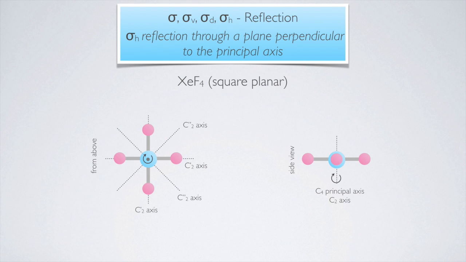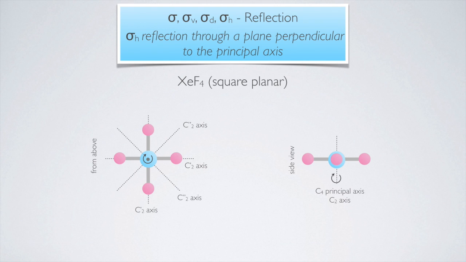Looking down from above, we can see that there is a principal C4 axis there, and C2 axes along the xenon fluorine bonds, and also between them, as you can go down the C2 axis there, and that rotation will rotate two of the fluorines into the other two.